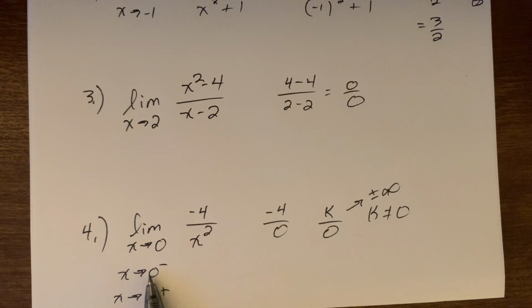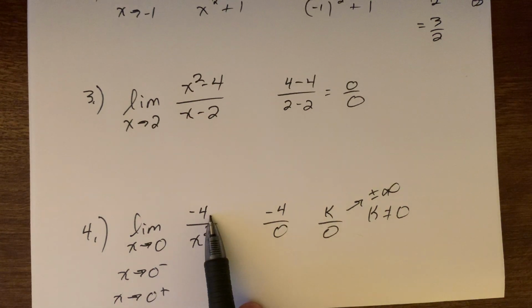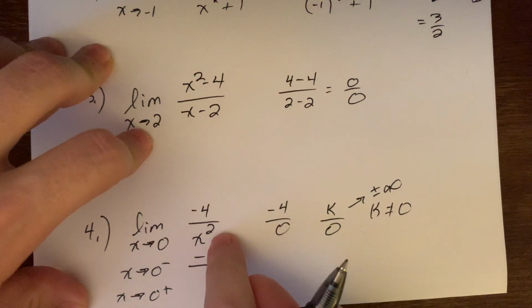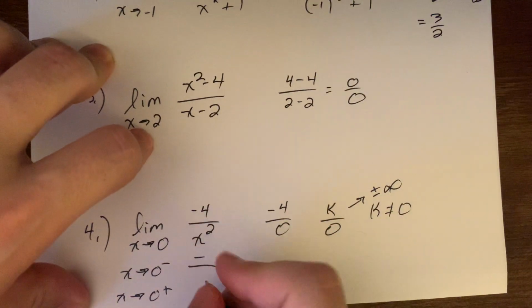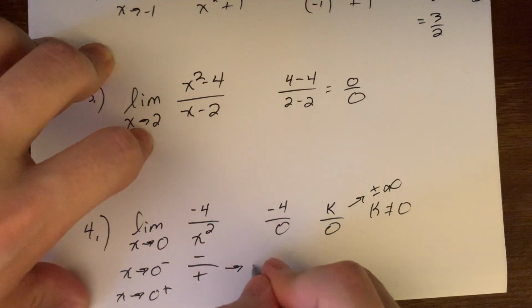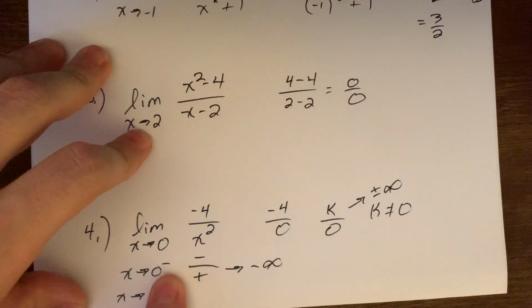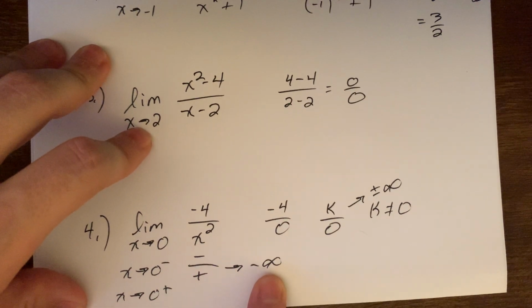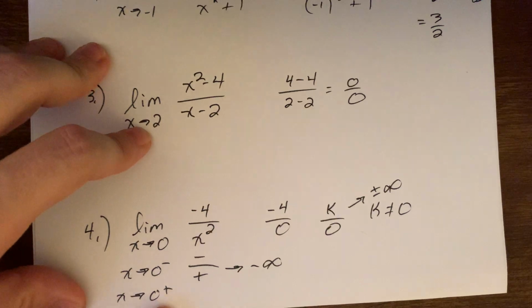So if I plug in negative 0.1, well, there's nothing to plug in the top. Negative 4 is always going to be negative. But then in the bottom, I square that negative 0.1 and I get a positive. And a negative divided by a positive is a negative. So from the left, I know I'm getting negative infinity. And now I'll test that from the right.